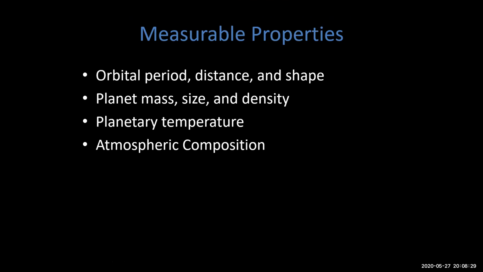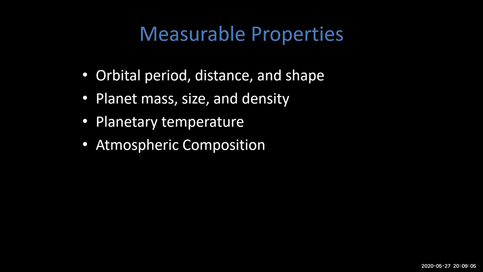So what properties of these detectable planets can we measure? So far we've talked about a couple. We talked about their orbital period based on their semi-major axis or their separation, which is their distance from each other. We can talk about the orbital shape, right? We can get at the eccentricity, how elliptical it is. We can find the planet mass, and we can find the planet radius. And if we can find both of those two, we can get the density, and the density is super important.